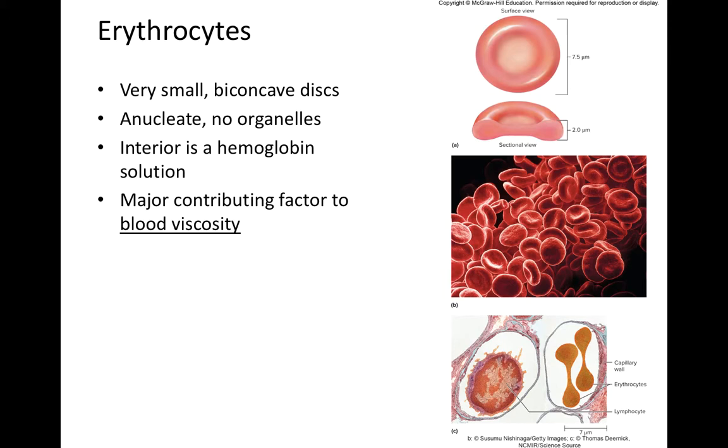Now, because red blood cells make up about 45% of blood, they are the major contributing factor to what's called blood viscosity. This is a concept we're going to come back to when we talk about blood pressure. Viscosity simply means how thick something is. So anything that dramatically increases the amount of red blood cells is going to increase the thickness.